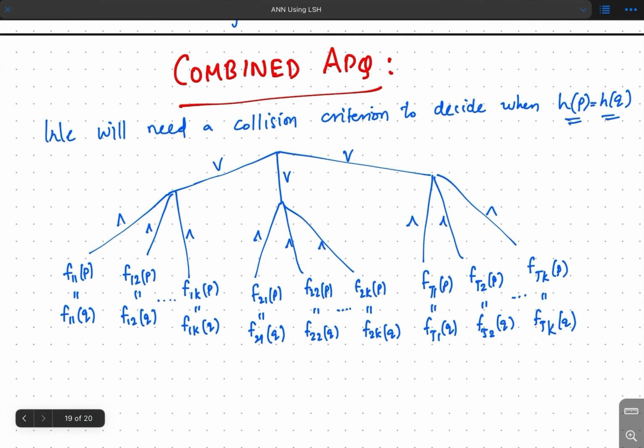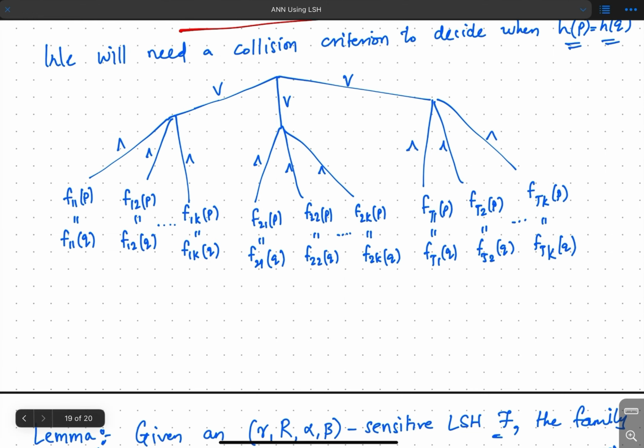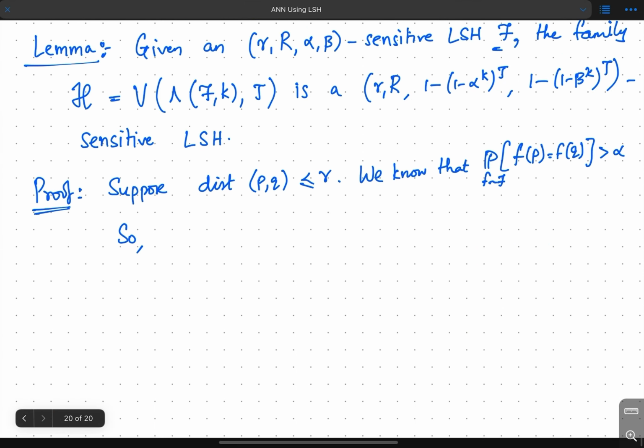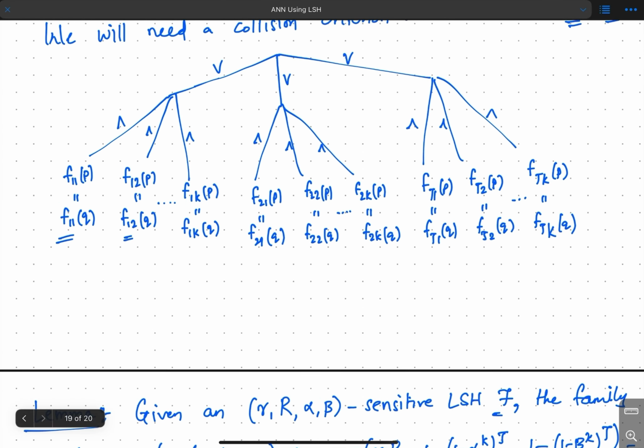When does this tree evaluate to 1? Remember that f11, f12, all these functions are sampled uniformly randomly from F. So that will happen only when at least one of these nodes evaluates to 1.